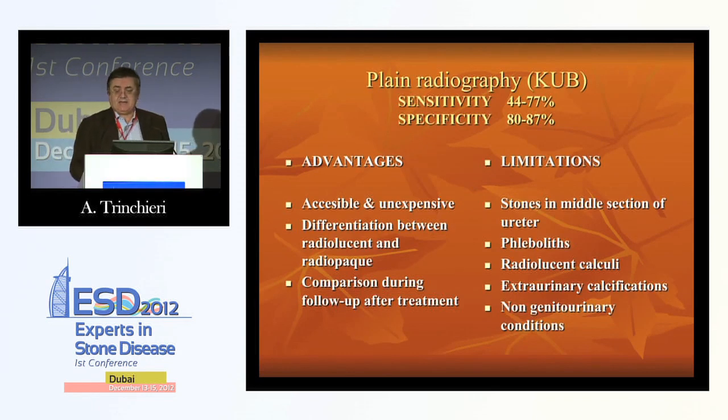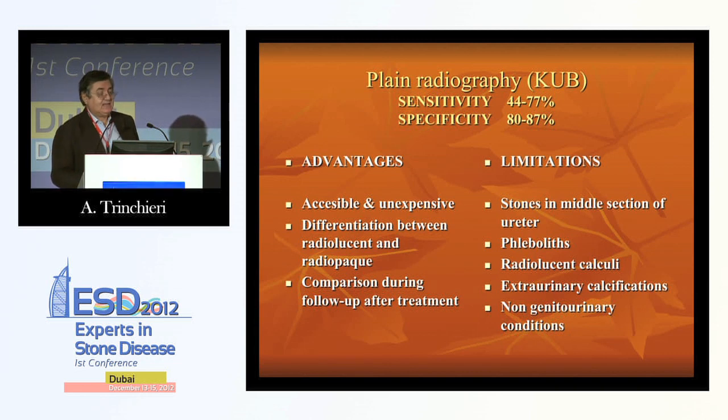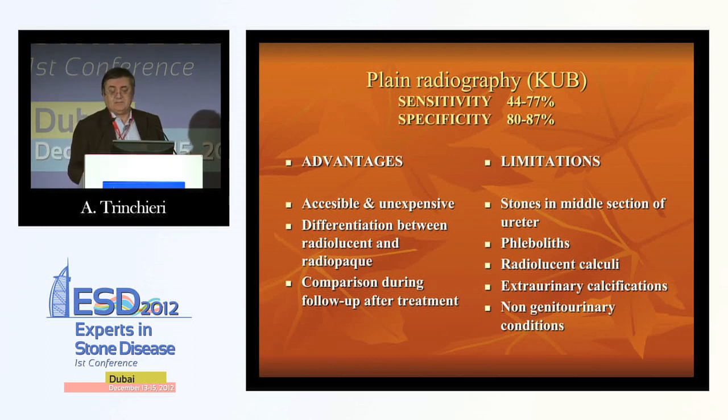Plain X-ray obviously is very accessible and inexpensive, but has a lot of limitations for the demonstration of the stones in the middle section of the ureter, but also obviously for the demonstration of radiolucent stones, and gives no information on genitourinary condition.